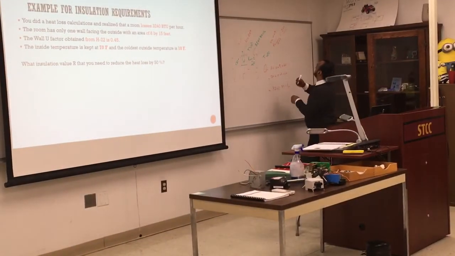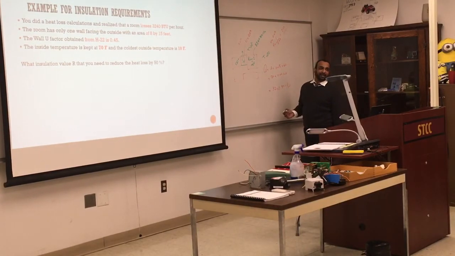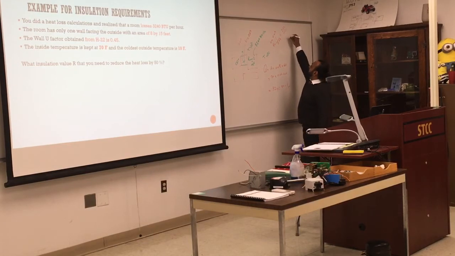So I need to add 2.22. You're not gonna be able to do that exactly. So you're gonna get at least R2 board, and that will make U equal 1 over 2.22 plus 2.